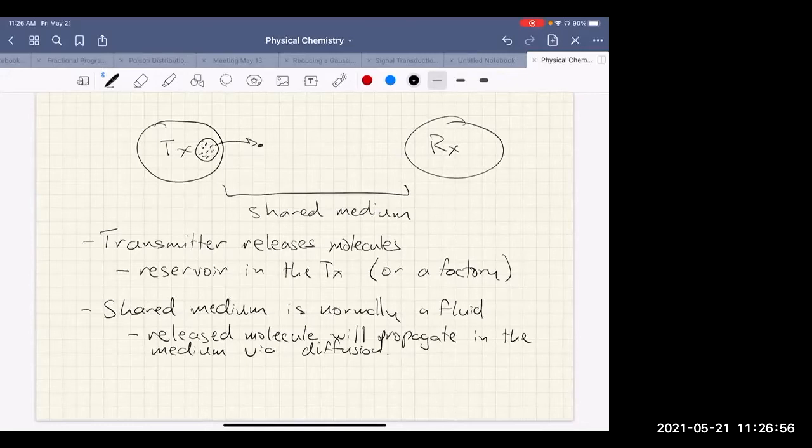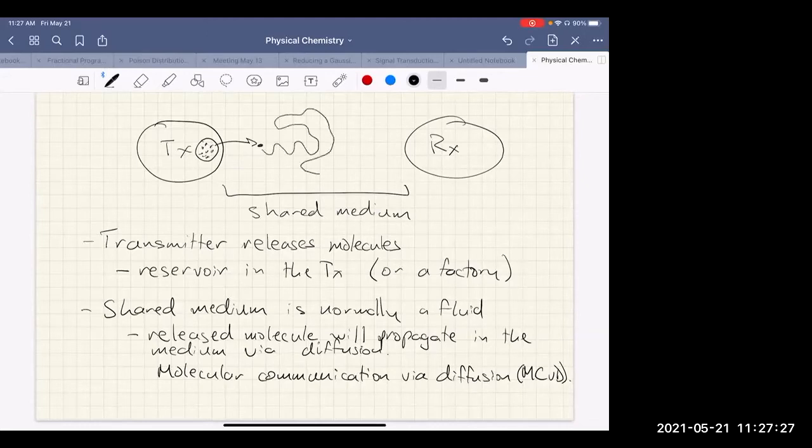Sometimes we call this molecular communication via diffusion, or MCVD. What does this imply? This implies the molecule that is released will follow a random trajectory until it arrives at the receiver.